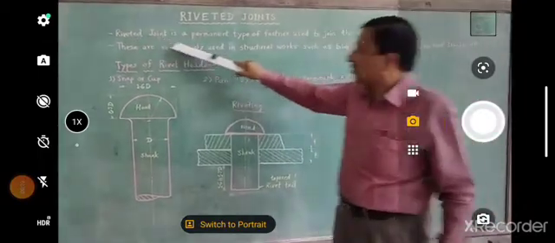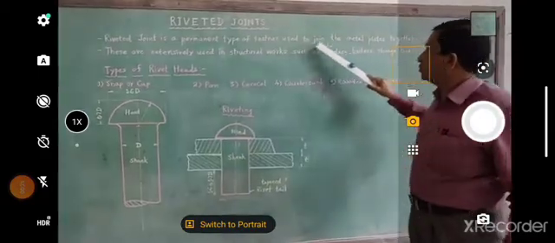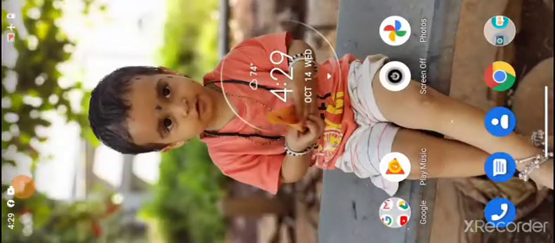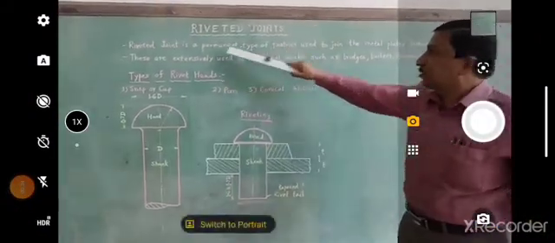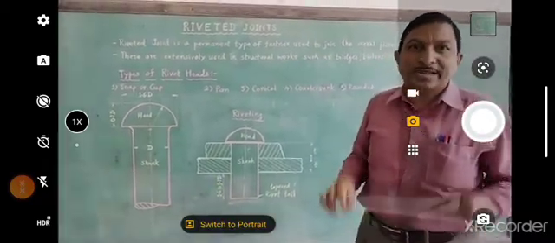So a riveted joint is a permanent type of fastener used to join metal plates together. The basic concept of using rivets is to have a permanent joint between two metal plates.